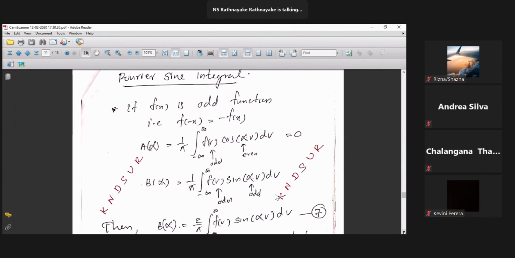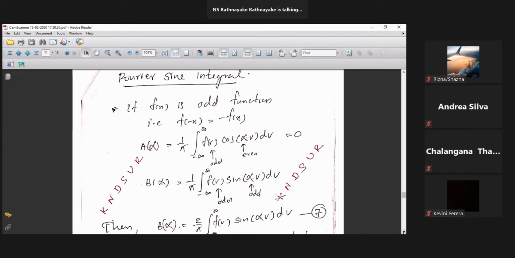Then you know that if the given function is an odd function, and we already know that the cosine function is an even function, the multiplication of an odd and an even function is an odd function. Then if we take the integral of the odd function from minus infinity to plus infinity, or minus L to plus L, it exactly goes to 0. Therefore the Fourier integral coefficient A(alpha) goes to 0.